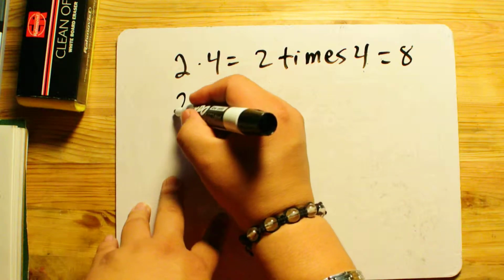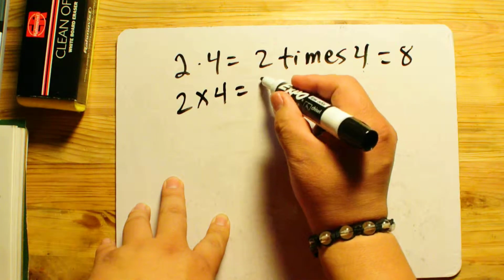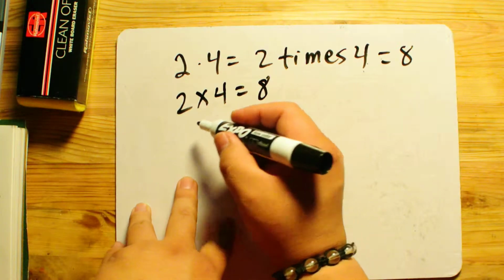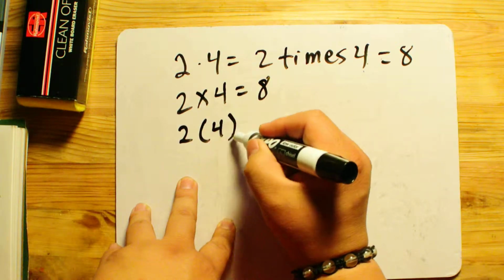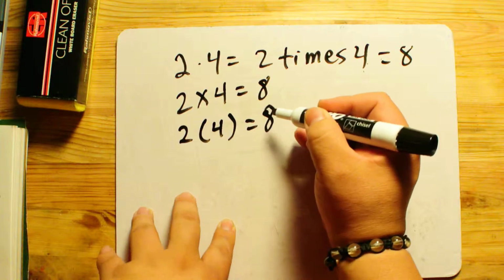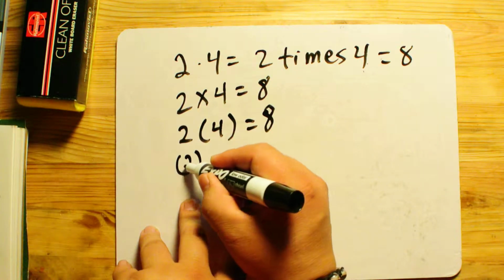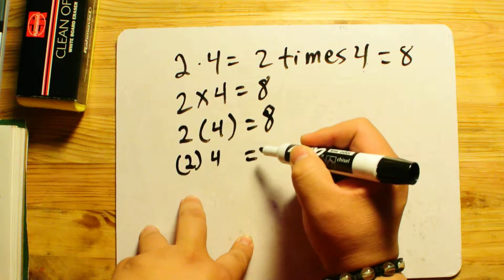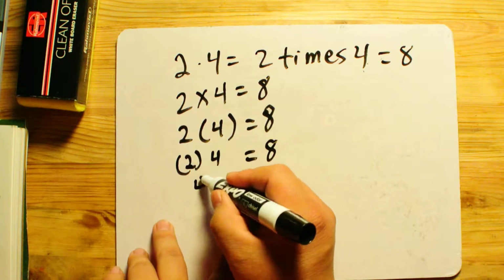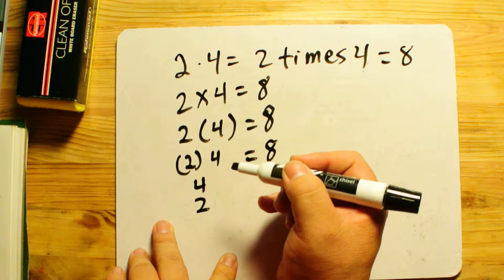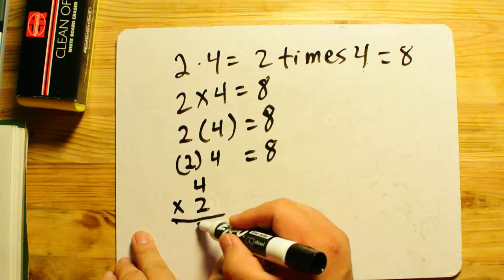And like we already saw earlier, that also means 8. We also have 2 times 4 with parentheses, which also means 2 times 4. And if you see the 2 in parentheses and the 4 without parentheses, that also means 2 times 4, which is 8. And we also have our traditional 4 times 2 or 2 times 4, which is also 8.